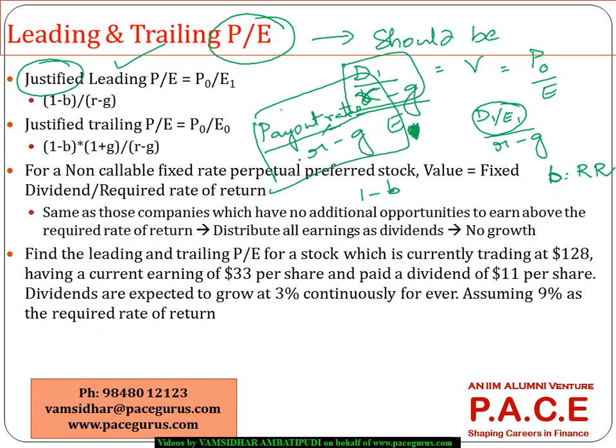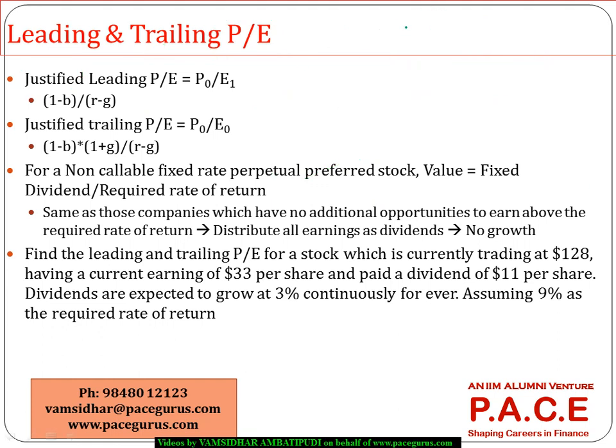That's where we wrote it as (1 minus b) by (r minus g). b is an indicator of the retention ratio. Terminology-wise, b represents the retention ratio. So we got the formula as payout ratio divided by (r minus g), which is nothing but 1 minus retention ratio divided by (r minus g).